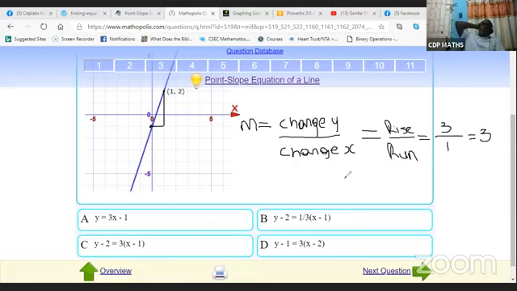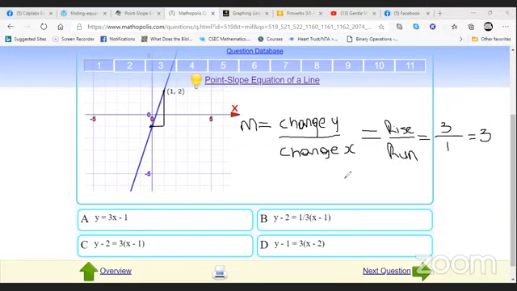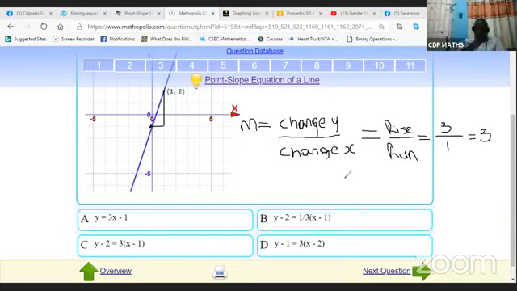What next do we need to find out? We're going to be using the point slope form. There are two things we need to know: the gradient and the known point.